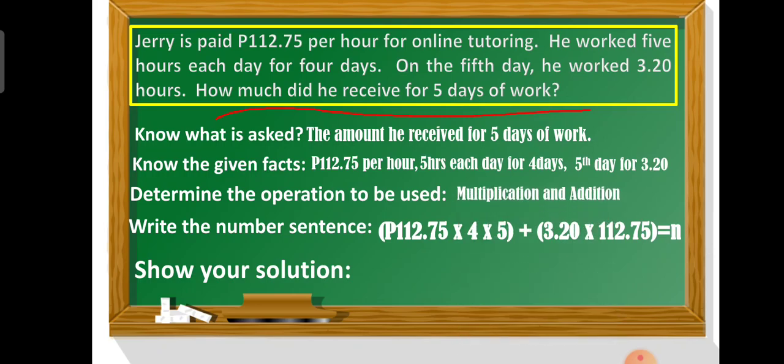The operation: multiplication and addition. The number sentence is, in a parenthesis, 112 pesos and 75 cents times 4 times 5, and then plus, in a parenthesis, 3 and 20 hundredths times 112 pesos and 75 cents equals n. Let us solve the problem.